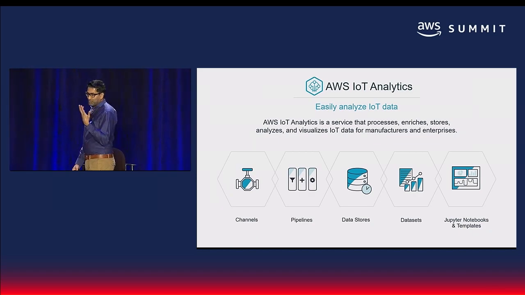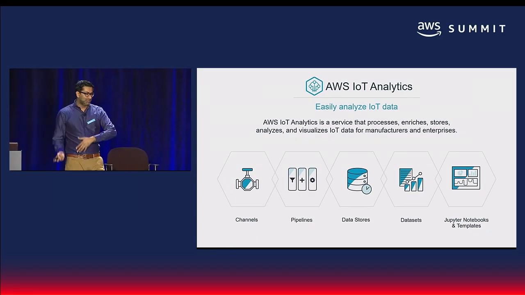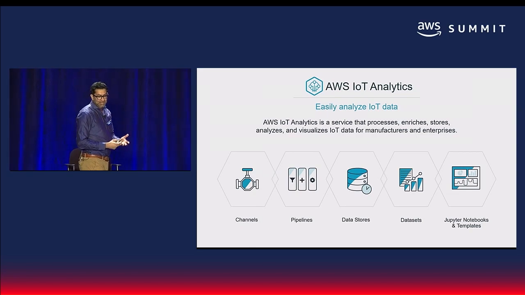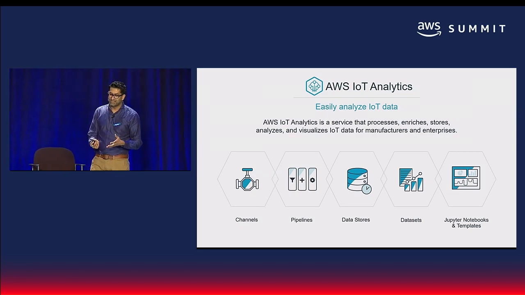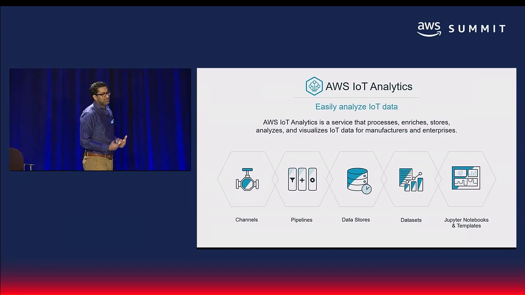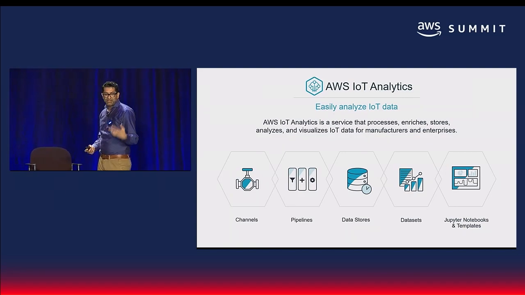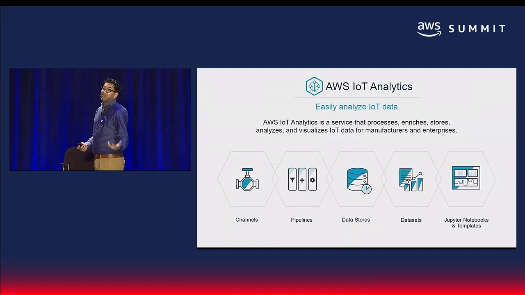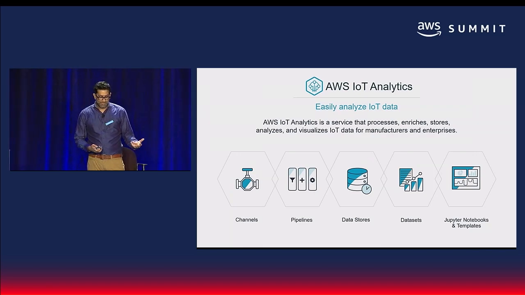And again, plugging in with SageMaker, train your models, use those same models with the Jupyter notebooks in this case. Because a lot of people have started down that path, and we don't want them to have to change again. So they can use SQL, or in this case, Spark, if you want to use a Jupyter notebook.